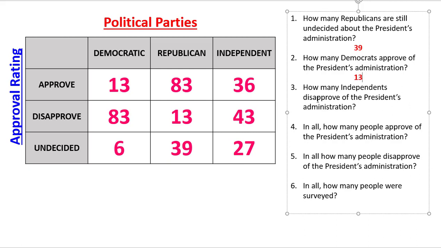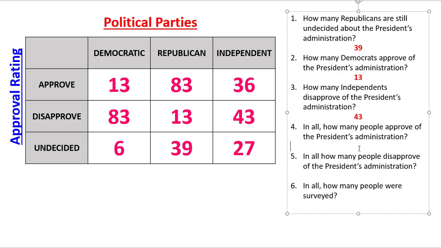Number 3, how many independents disapprove of the president's administration? So we would go to the row for independent, or excuse me, the column for independent, and find the row for disapprove. There are 43 independents who disapprove of the president's administration. So we will go ahead and put that in. And change the color.